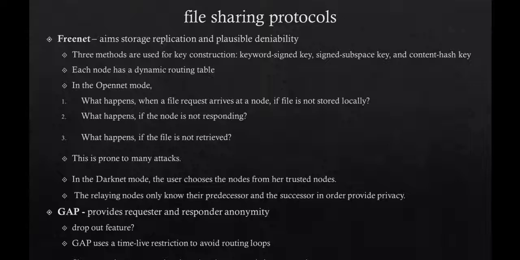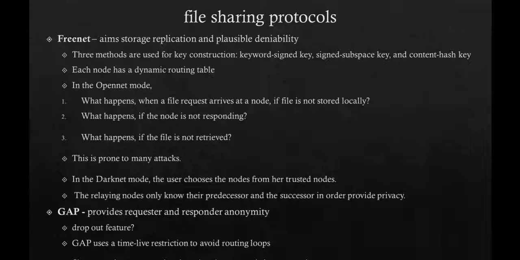Case 2: what happens if the node is not responding? If the node is not responding, then the request is sent to the second nearest key. If that is also not responding, then it is sent to the third nearest key and so on. And what happens if the file is not retrieved at all? That is our case 3. If it's not retrieved, then the search is aborted. This OpenNet is prone to many attacks.